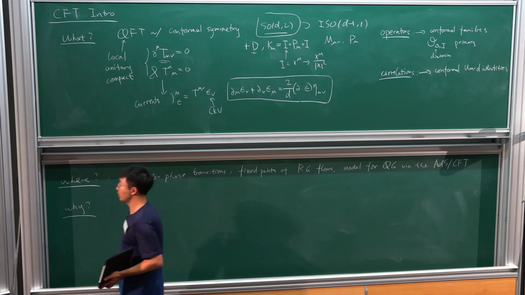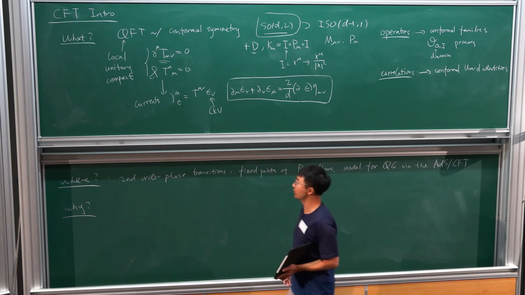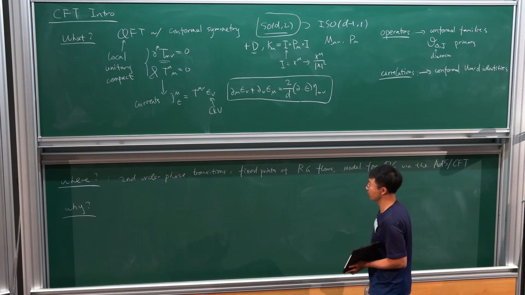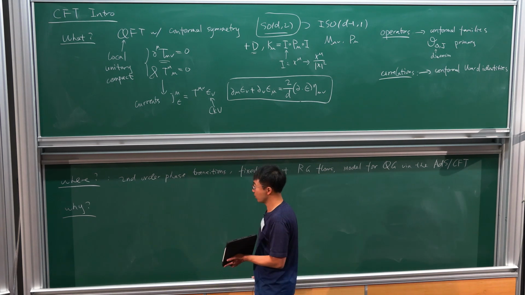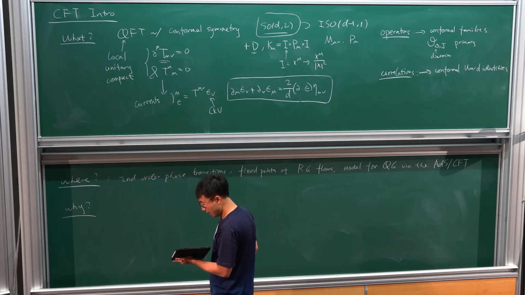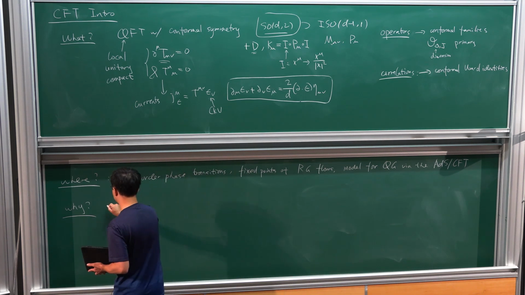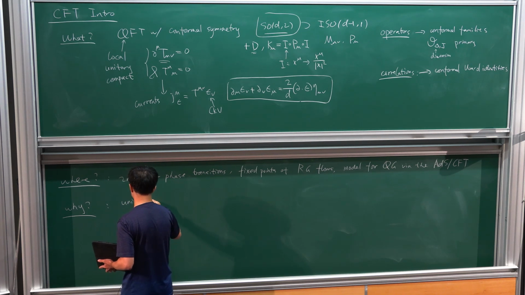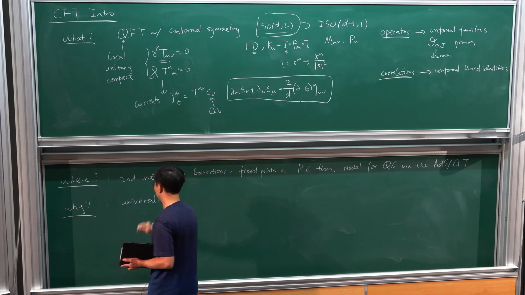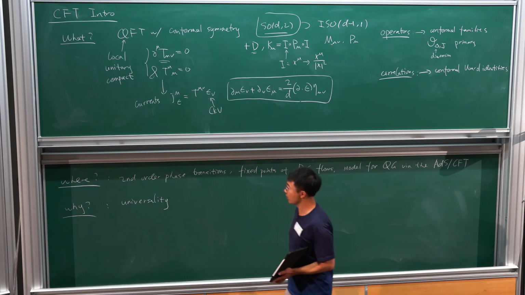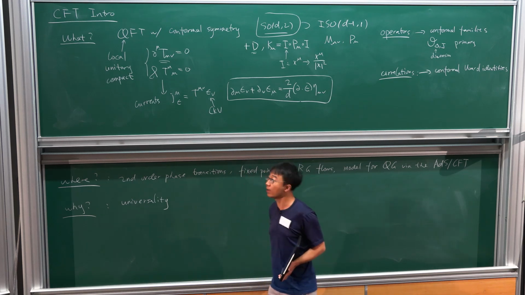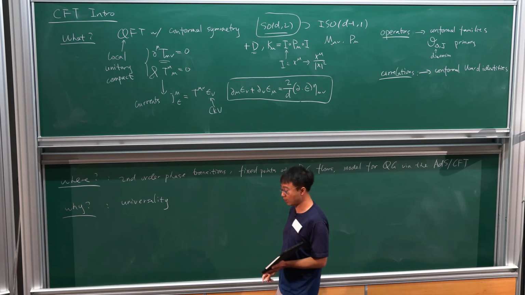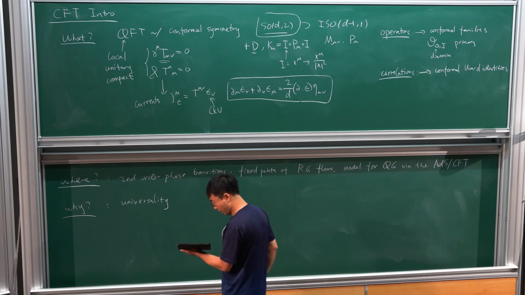So now that I have mentioned various contexts where conformal field theory has arisen in physics, let me explain the reason why they are such interesting quantum field theories to study. One interesting feature of them is that they carry the hallmark of universality in physics. Namely, various different physical systems near a second order phase transition may be described by the same underlying continuous description, namely a conformal field theory.